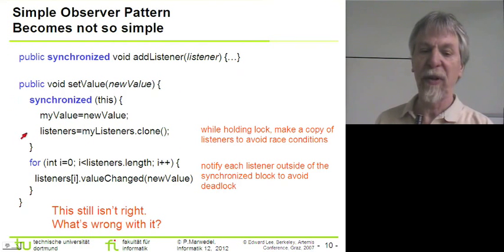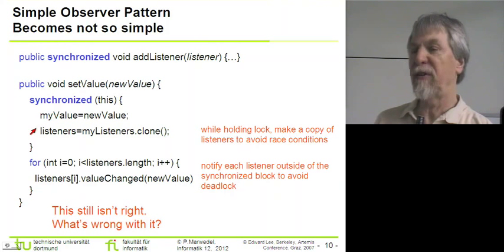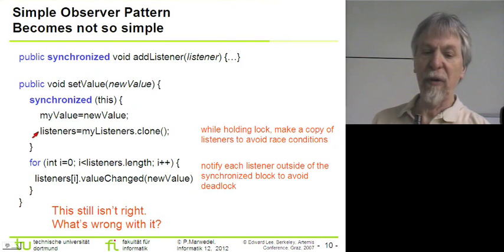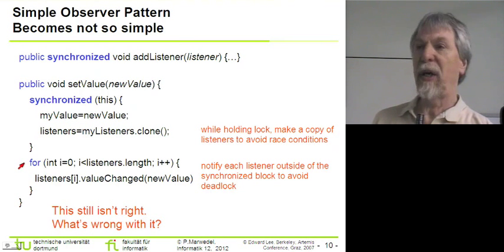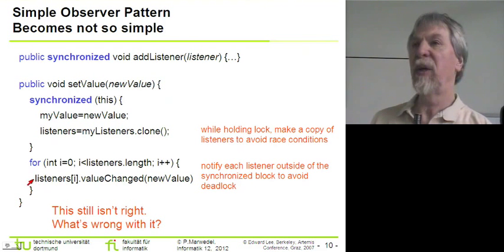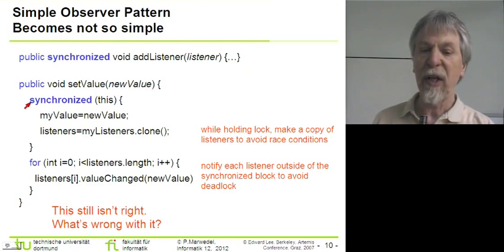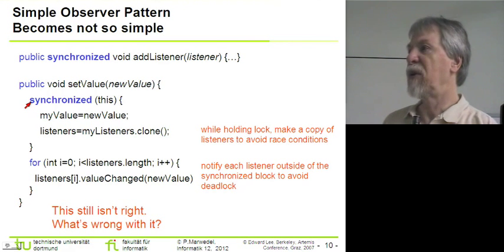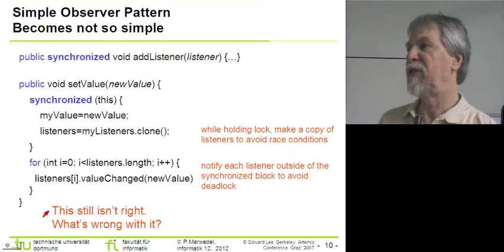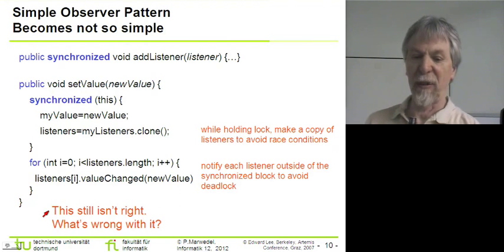So we could synchronize the copying of that set of listeners, and in that way we would then have a local copy, and then while we are propagating the new values to all the listeners, we would have released that global lock. So in that way, we could try to avoid this problem of a deadlock. But as Edward Lee pointed out, there is still a problem with that code as well.